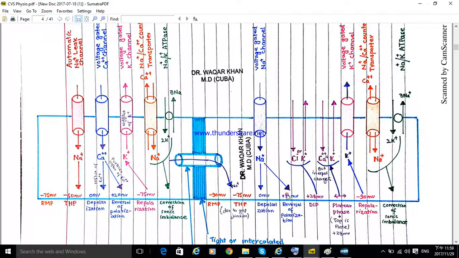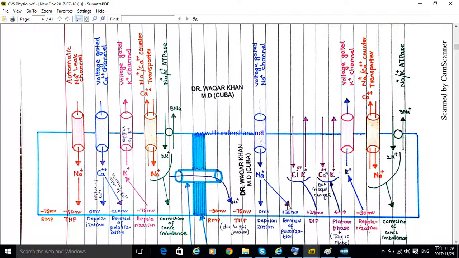At this specific voltage, there will be influx of calcium, chloride, or potassium. Chloride is a negatively charged ion, so when there is influx of chloride, negative charge enters.